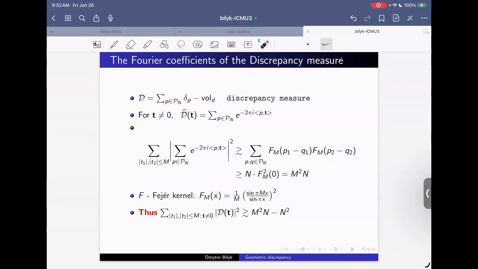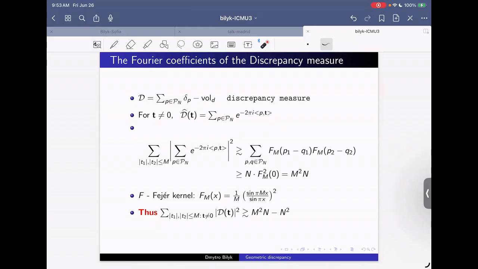For all the other coefficients, the Lebesgue measure will not give you anything because all of the complex exponentials integrate to 0, and you will get these exponential sums from the point component. This is for all non-zero values of t.